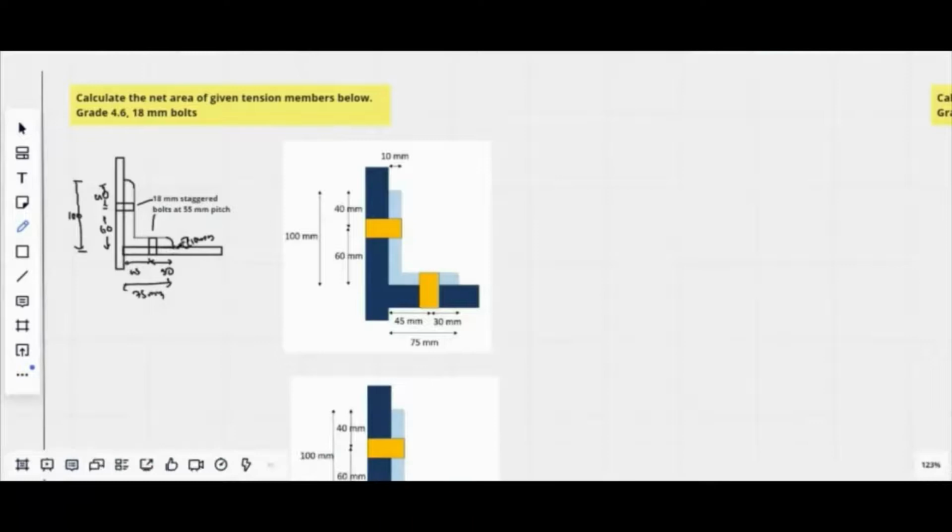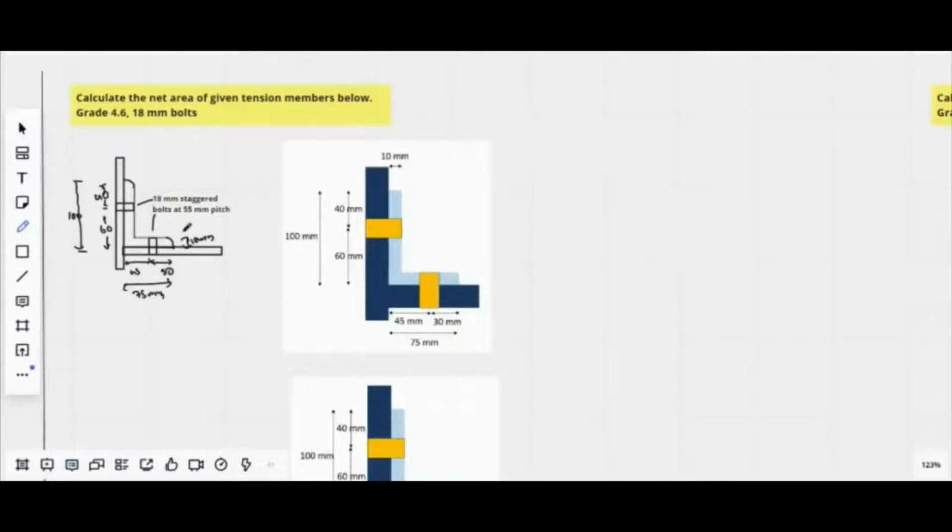In the previous lecture, we saw the method to calculate the net area of a given tension member in the case of plates. Let us see the case of angles. When we come across rolled sections, the procedure to calculate the net area is quite different.